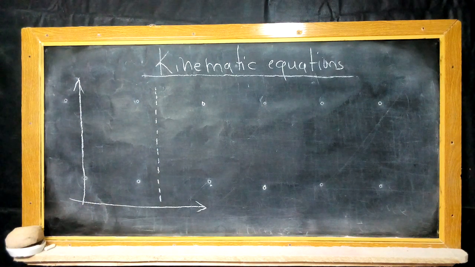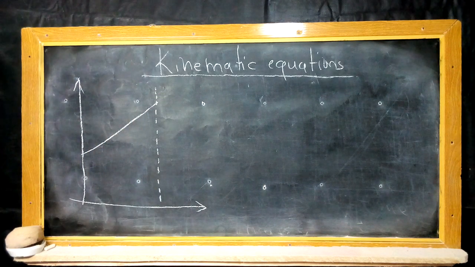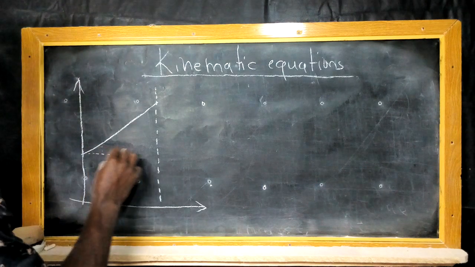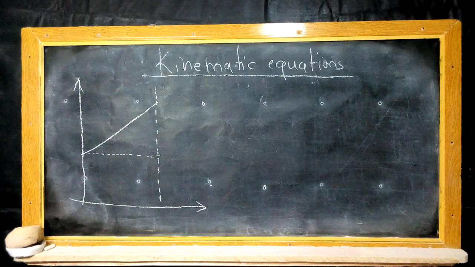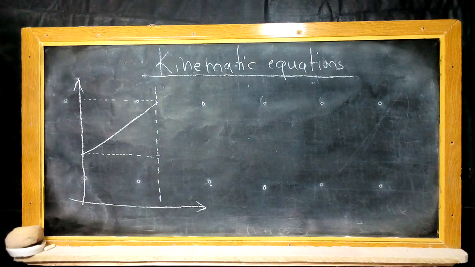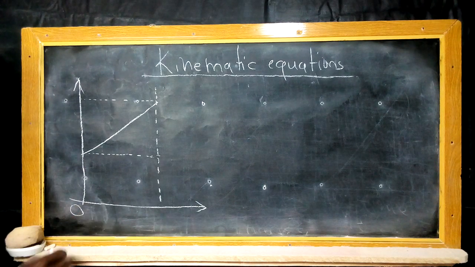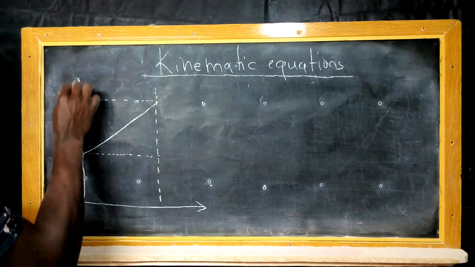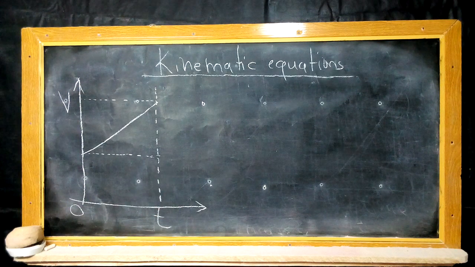So we just draw a graph there, and put those dotted lines. We're going to derive some information from there. So this is a velocity time graph, which is denoted by the initials V for velocity and T for time.